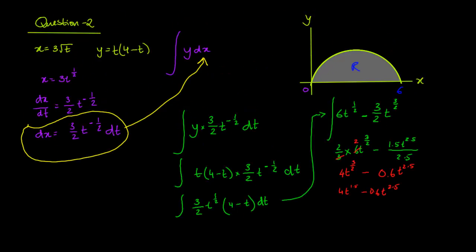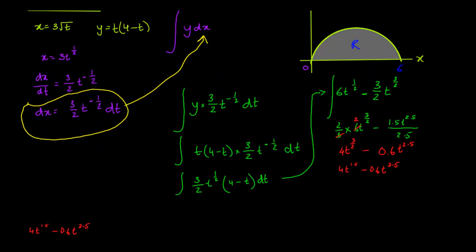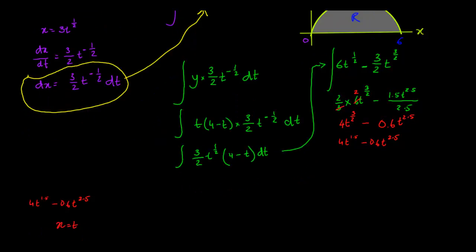If we remember, x is equal to 3 square root of t, so our x coordinates are 0 and 6, right? 0 and 6. Let me just draw 6 a little nicely. 0 and 6, so we know what 0 is. Now we just have to find out 6. 6 is equal to 3 square root of t. 2 is equal to square root of t. T is equal to square root of 2.